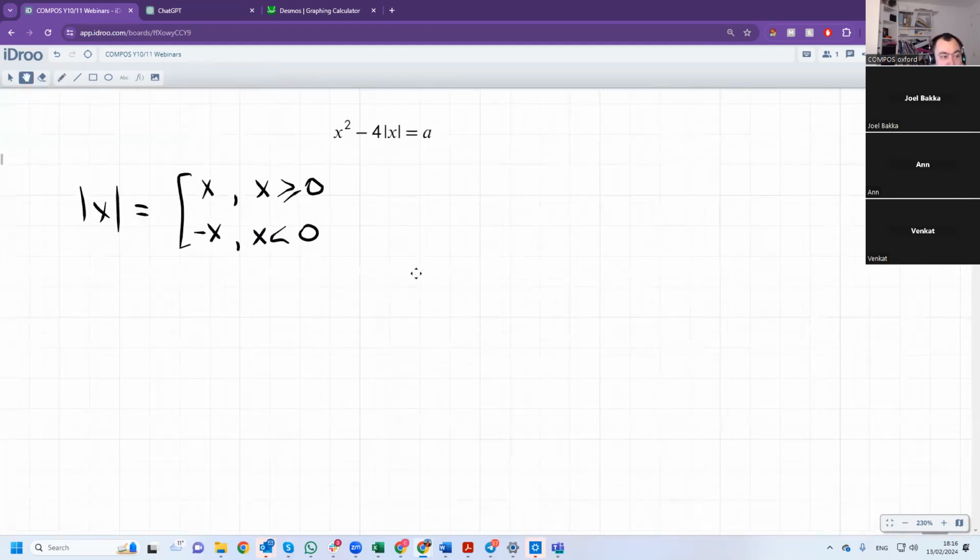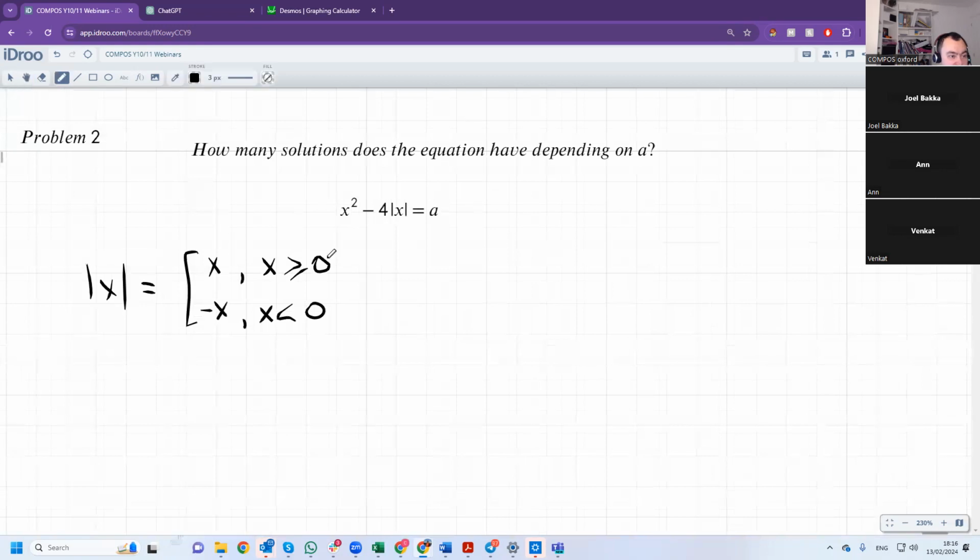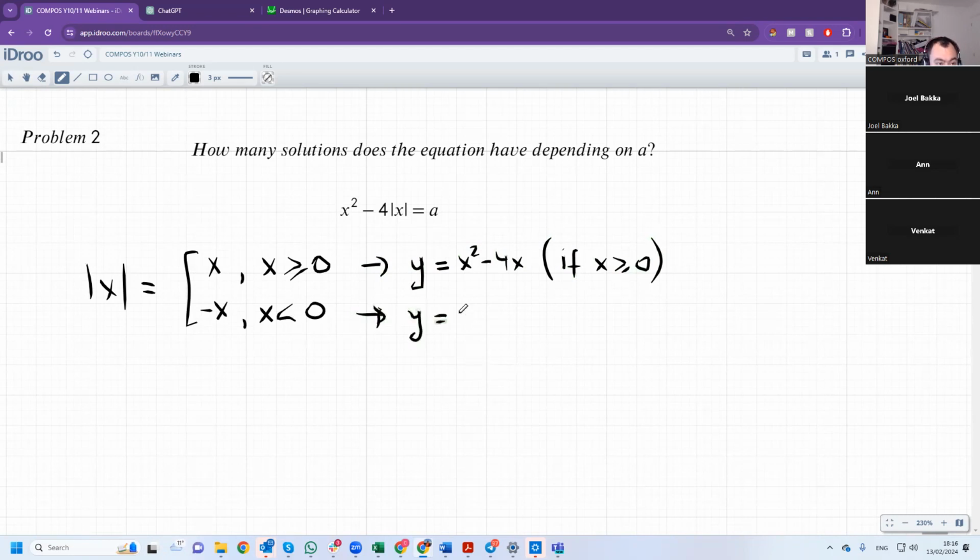So in order to draw this graph, y is going to be equal to x squared minus 4x, the same graph as before, but this is only if x is greater or equal to 0. And if x is less than 0, then it will be y equals x squared plus 4x.